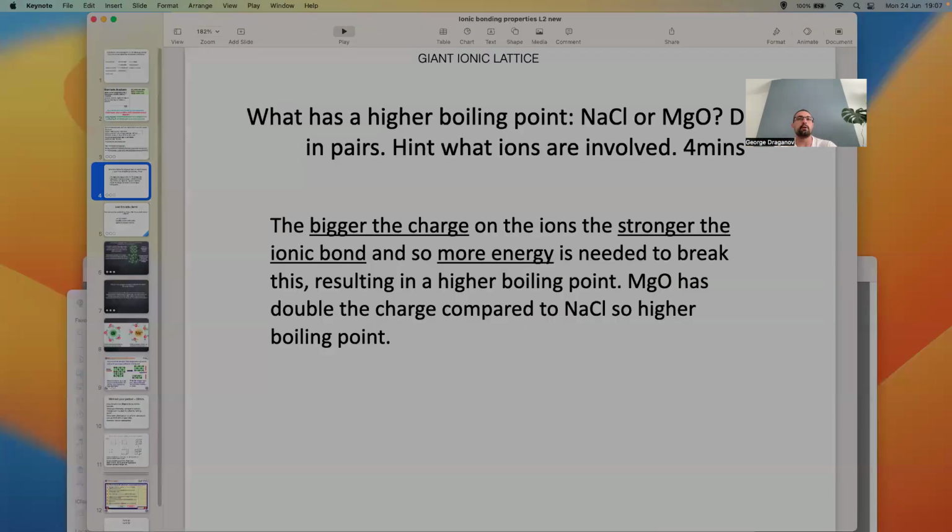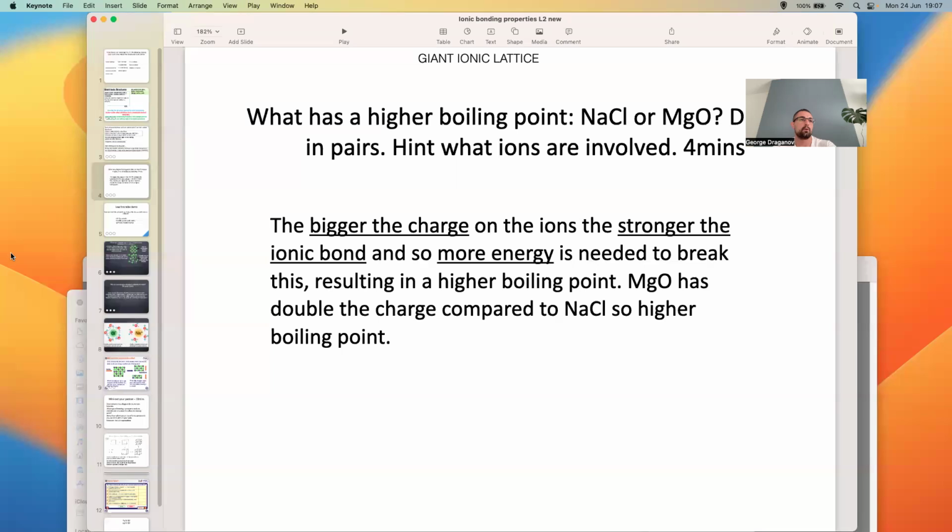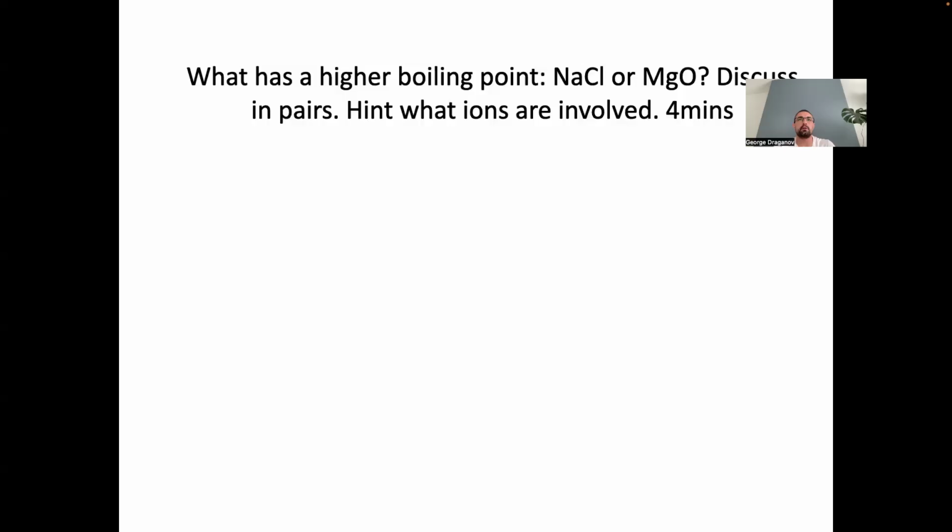Now, you might want to consider, let me just rub this out. Okay, back to this. If you consider now, this is a bit of an extension. What has a high melting point, NaCl or MgO? Well, you have to think of the charges.